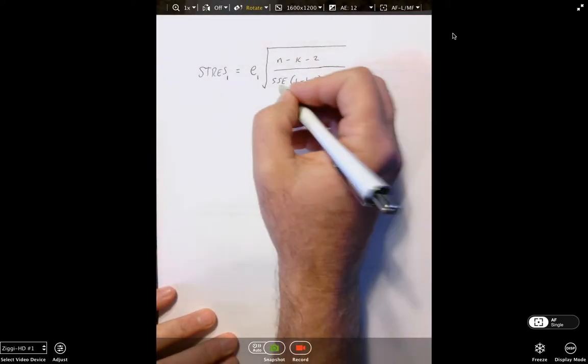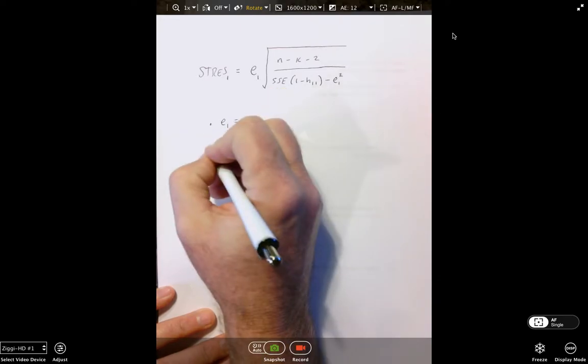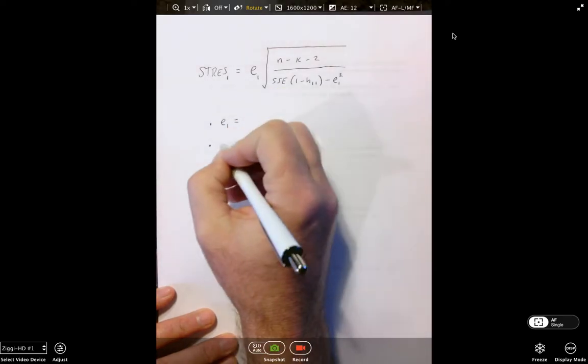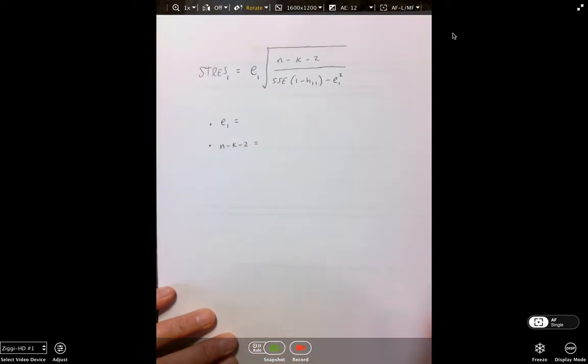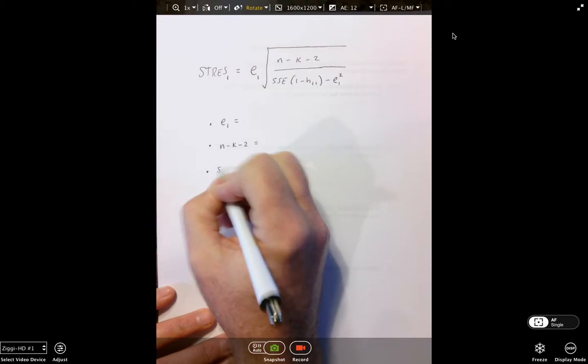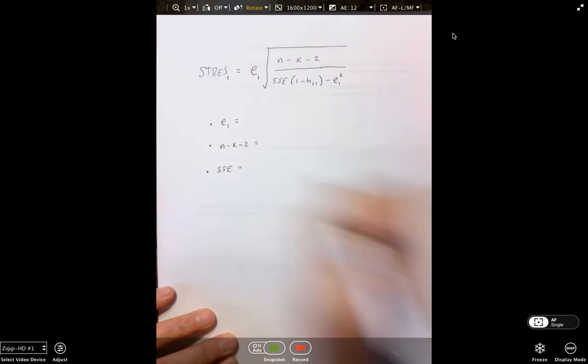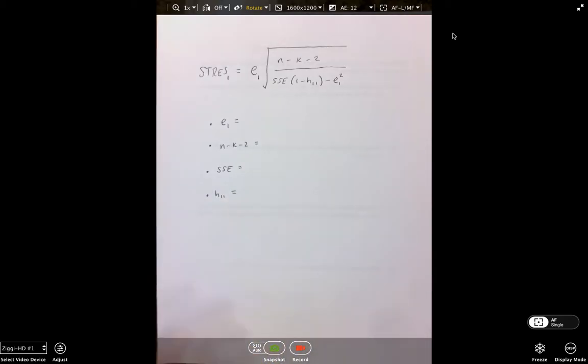So we can see that I need a couple things. First thing I need is the residual for the first observation. I need n minus k minus 2, which is pretty clear. And I need the sum of squares error, and I need h11.